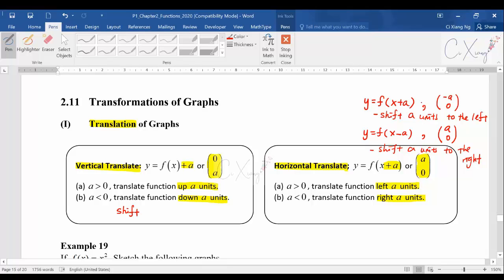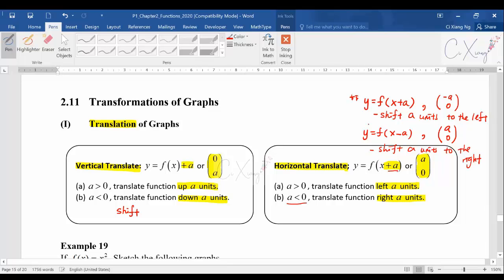But when they put in under this part, A smaller than 0 means A is negative, so you are going to translate the function right A units. Oh, sorry. The A smaller than 0 in our case here, they are talking about this A, which is smaller than 0. Again, if you feel very confused now, then maybe you can remember it by using these two steps, so that you won't feel confused.